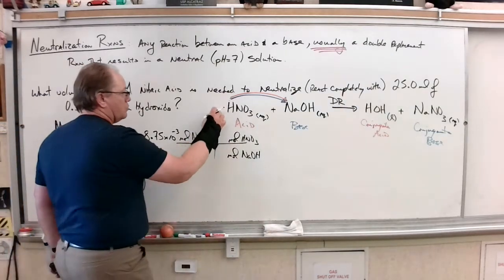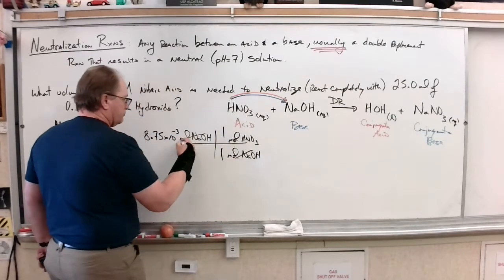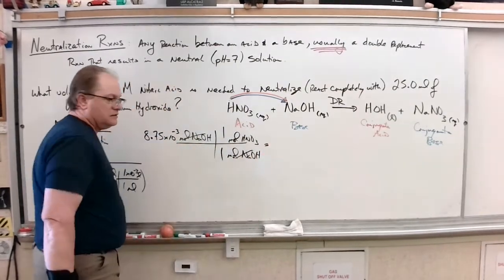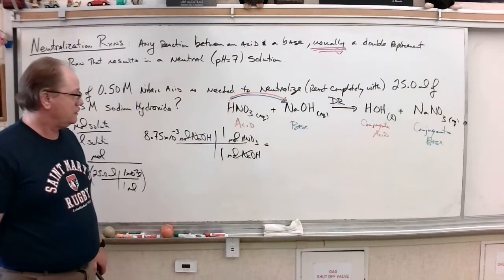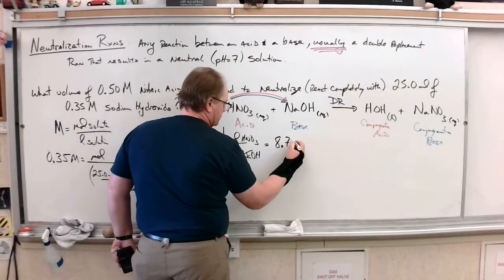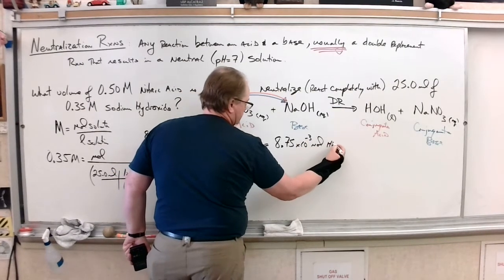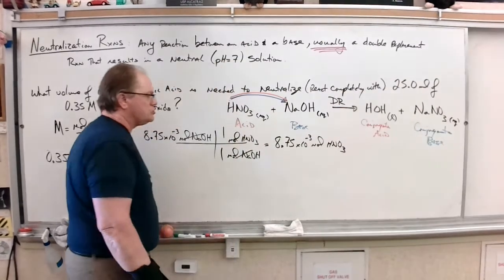And in this case, it's a 1-to-1 system. Well, that makes the math really easy when it's 1-to-1. Because then I need 8.75 times 10 to the minus third moles of hydrogen nitrate.